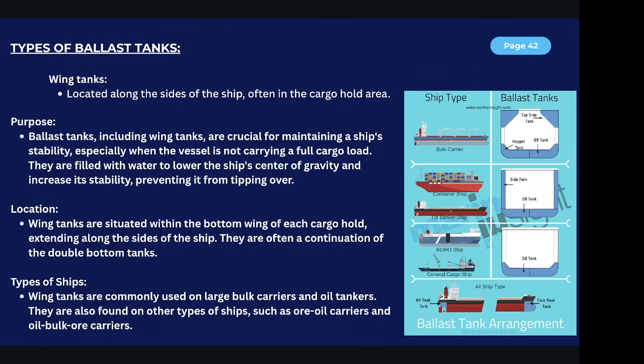Especially when the vessel is not carrying a full cargo load, they are filled with water to lower the ship's center of gravity and increase stability, to prevent it from tipping over.